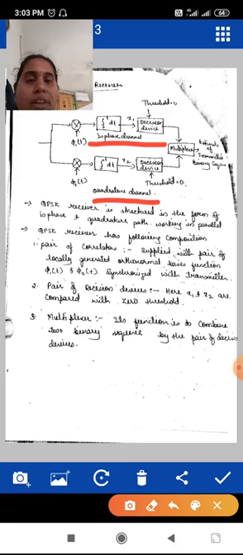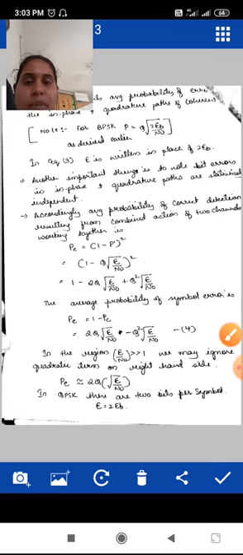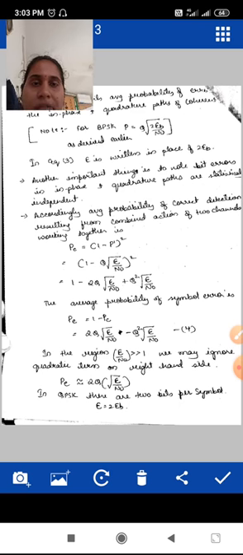So for the in-phase channel, what is the probability of correct decision? It is equal to 1 minus the probability of error. Always, if the probability of error is Pe, the probability of correct decision will be 1 minus Pe. Here there are 2 channels, in-phase and quadrature phase.